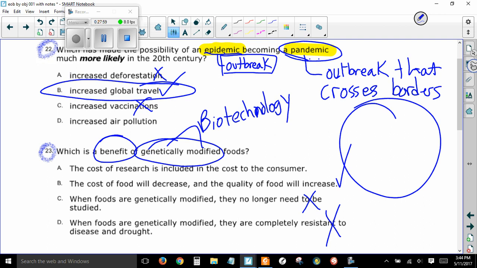That is a benefit. The cost of research is included in the cost to the consumer. That means you pay a higher price to pay for their research. That's not a benefit. Okay, so the best answer is B. Cheaper food that is better than the food we used to pay higher prices for.